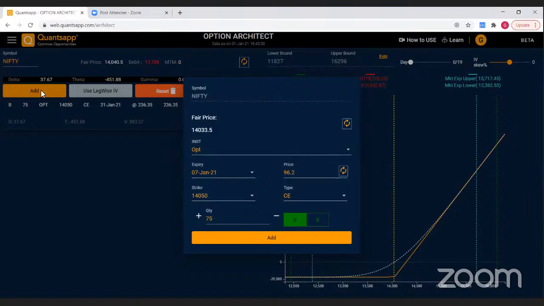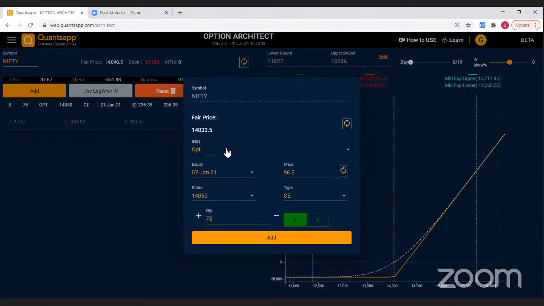You can also experiment with different strikes, and see what happens if you combine a call option and a put option, or a buying and a selling leg, and how the payoff scenario analysis would look.